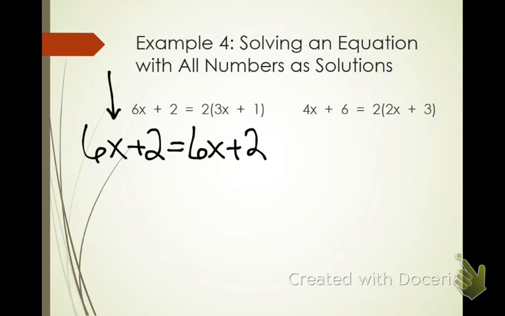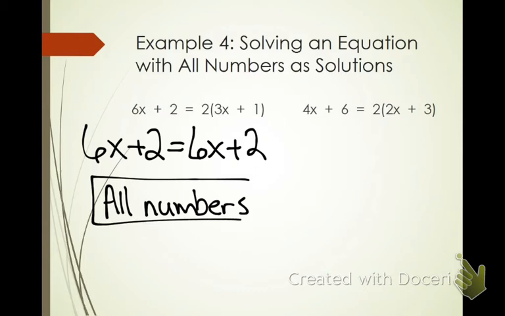What's 6 times 5? 30. What's 30 plus 2? 32. So guess what's going to happen when you plug it in on the other side? It's going to equal 32. It doesn't matter what x value you plug in, both sides are going to equal. So because of that, all numbers are solutions.